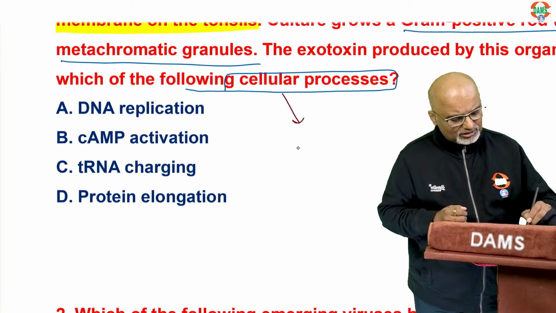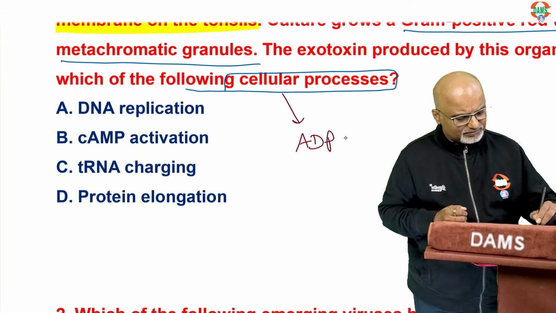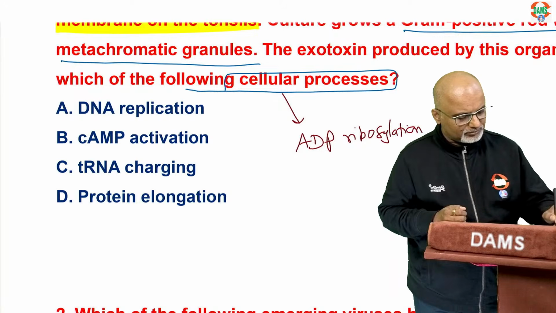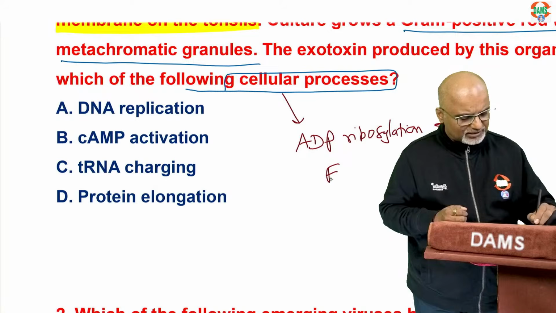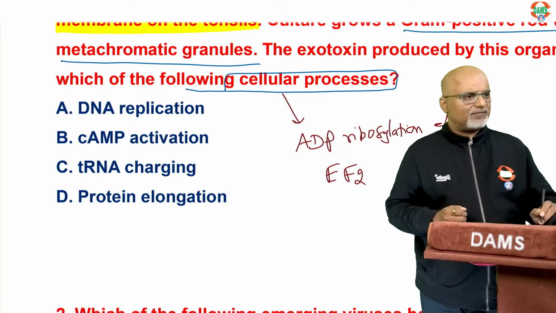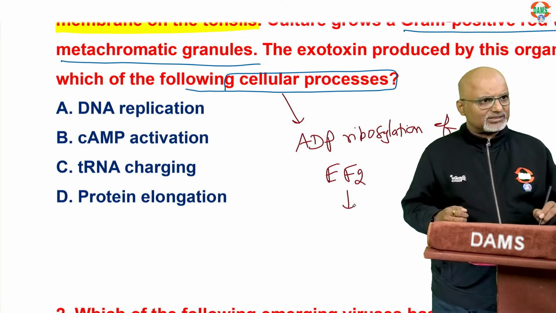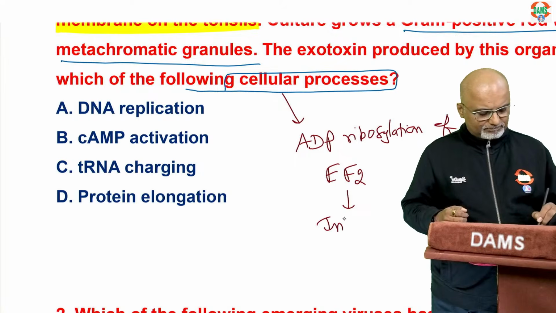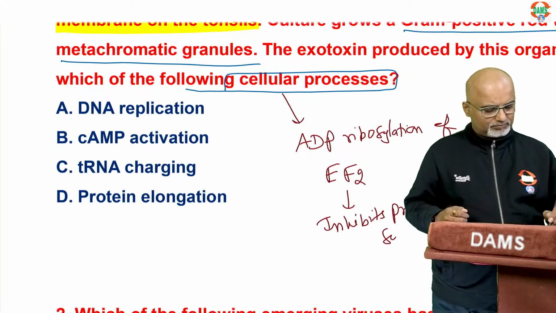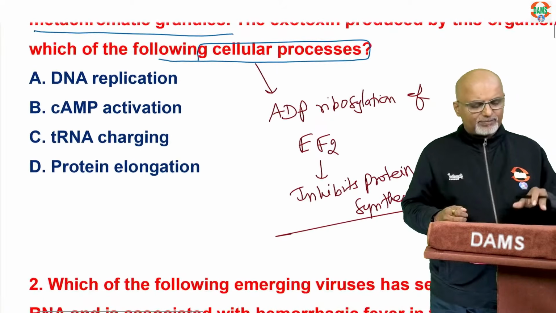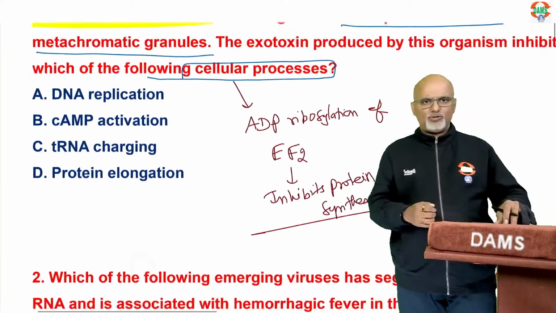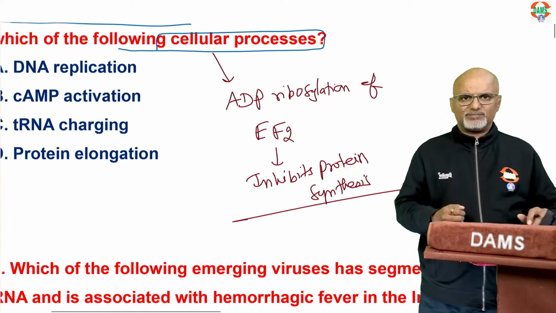It acts by ADP ribosylation of elongation factor 2 and finally inhibits protein synthesis. Got it? ADP ribosylation of elongation factor 2 inhibits protein synthesis.